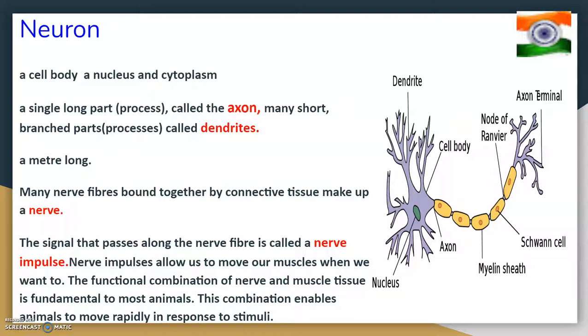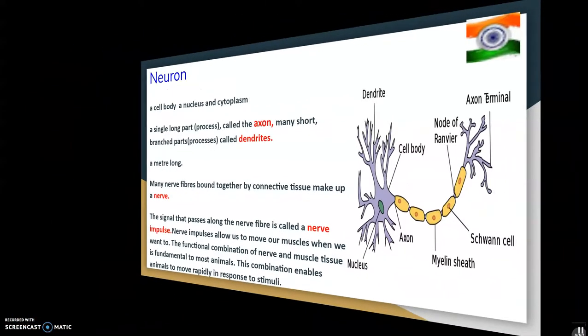This combination enables animals to move rapidly and respond to stimuli. Any factor of the environment, our body responds to because of these specialized cells called neurons.